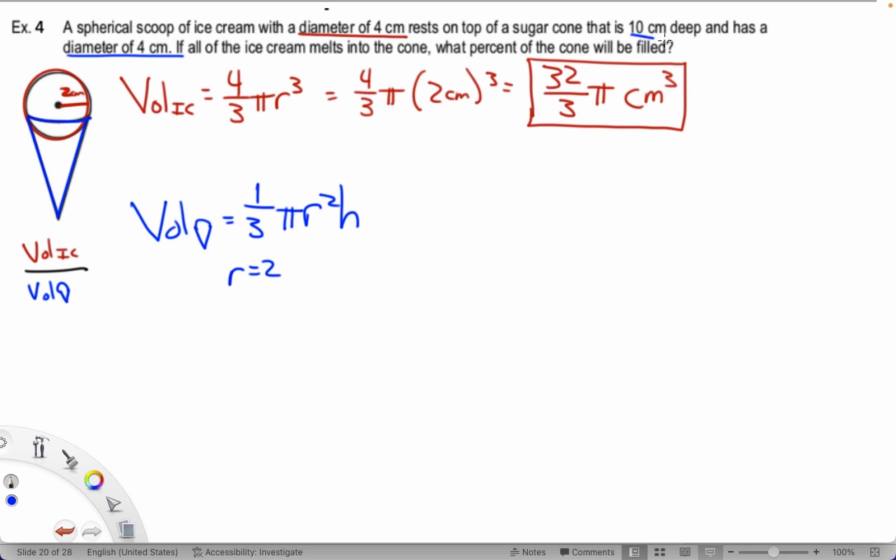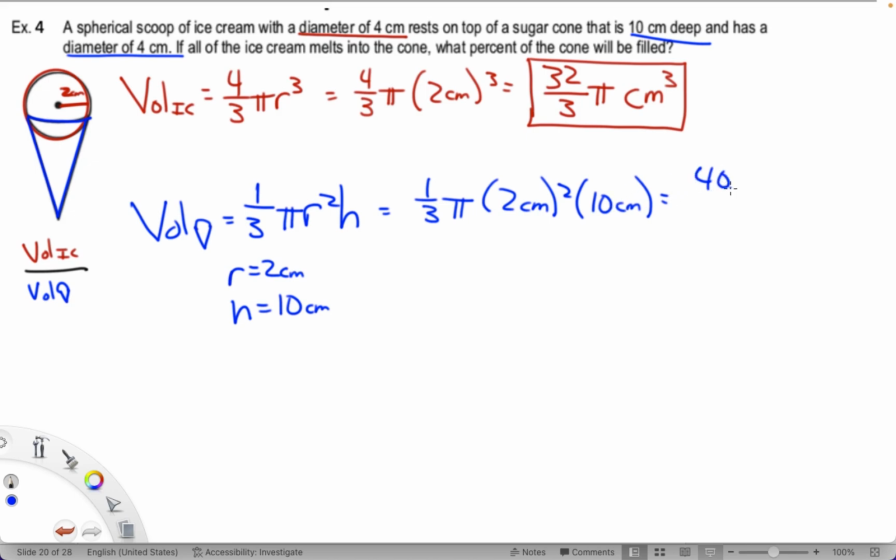And it tells us the sugar cone is 10 centimeters deep, so the height must be 10 centimeters. So I've got 1/3 pi times 2 centimeters squared times 10 centimeters. If I multiply it out, that's equal to 40 pi over 3 centimeters cubed.